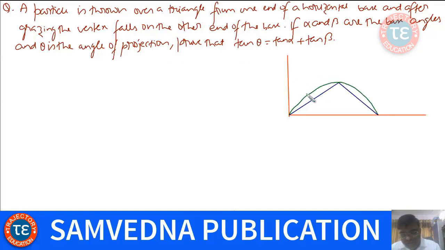This is the projectile, and this is the triangle. Let's call it O. This is the x-axis, this is the y-axis, and say this is the velocity of projection. This is the angle of projection theta. This angle is alpha. This angle is beta. All right.